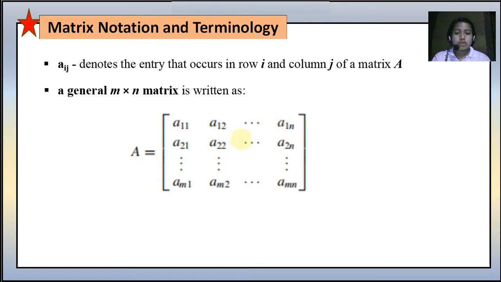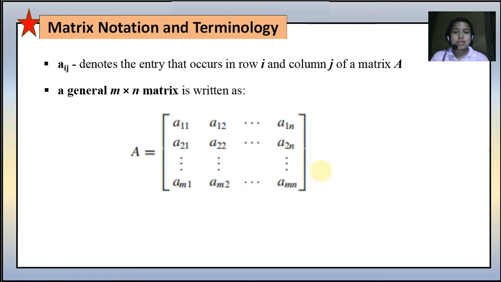If we say A sub 1 2, it is on row 1 and column 2, up until A sub 1n, wherein n here represents the number of columns. And at the bottom part, we have A sub m1, wherein m here represents the number of rows, until it goes to A sub mn, wherein m is the number of rows and n is the number of columns.